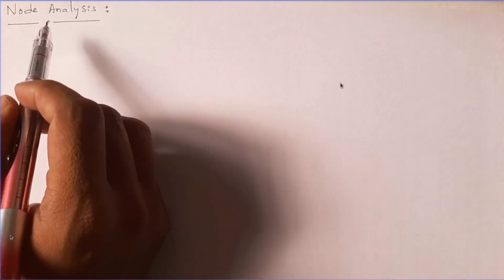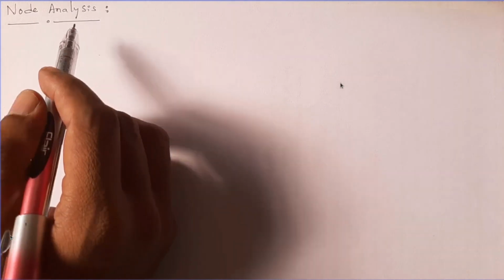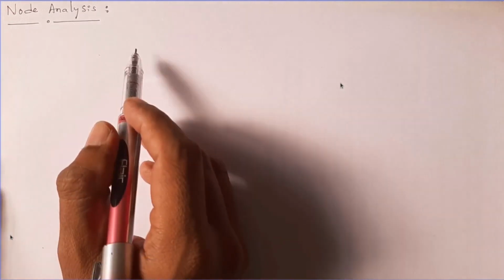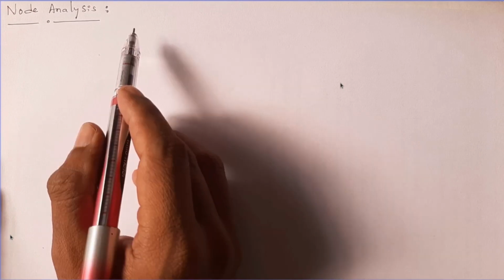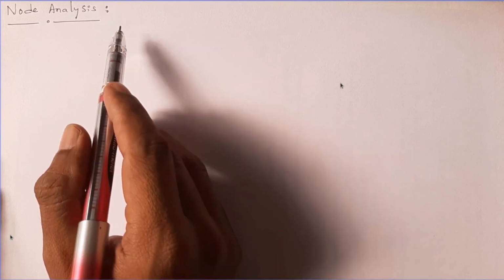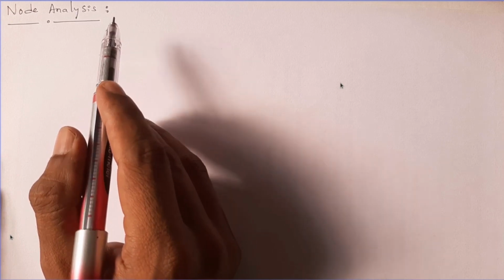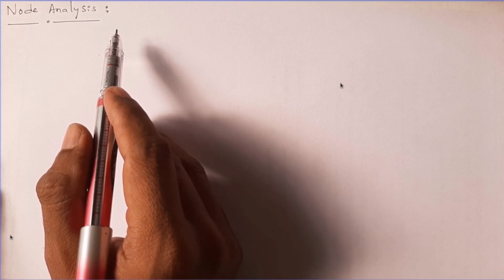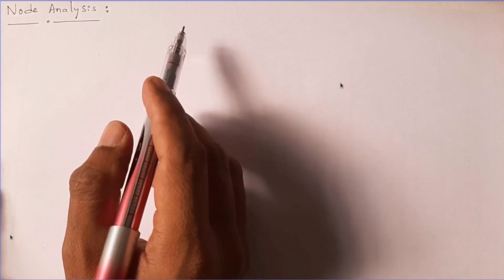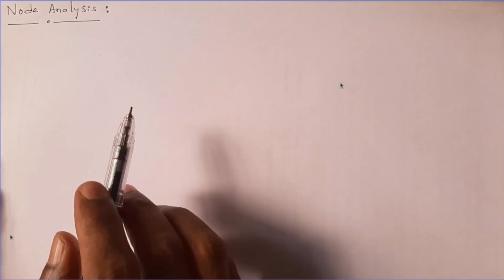In node analysis, we are going to consider node voltages, and by using those node voltages, we'll try to find the unknown node voltages. We'll assign some arbitrary node voltage to every node, and later we'll find the value of those unknown node voltages. And once we find all the node voltages, we can find any voltage or current in the network or circuit.